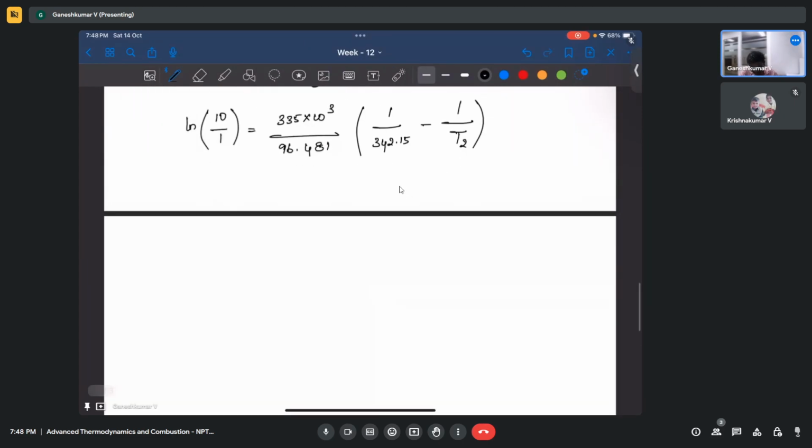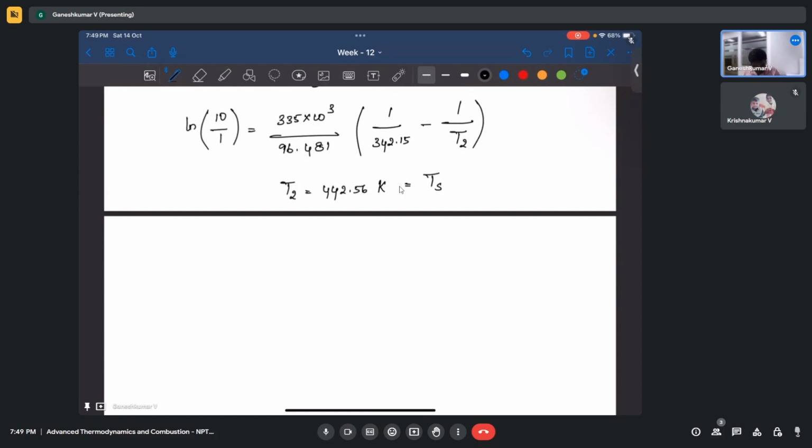If I rearrange this, T2 comes out to be around 442.56 Kelvin, which is equal to TS.